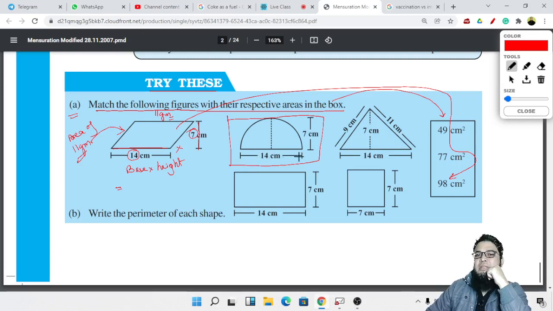The diameter or the radius? It is the base, but this is 14 centimeter. Is it the diameter or the radius of the semicircle?